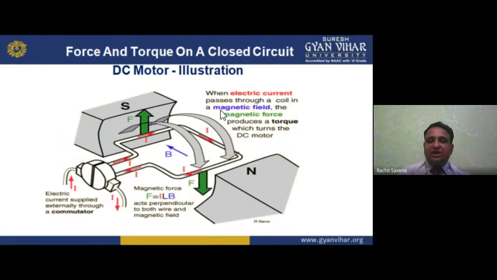One is the rotor, another one is the stator. The stator we call the field in DC machines, but in AC machines we always call it the stator. The word stator came from stationary, static part, which is not rotating. And the other part is the rotor, which is rotating.